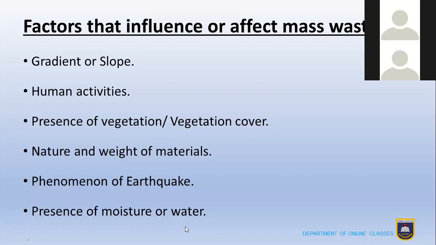Now, when there is no water element, or when the water content is very low, then we expect this weathered material to move at a relatively slower rate compared to materials that have high water content. Are we clear?